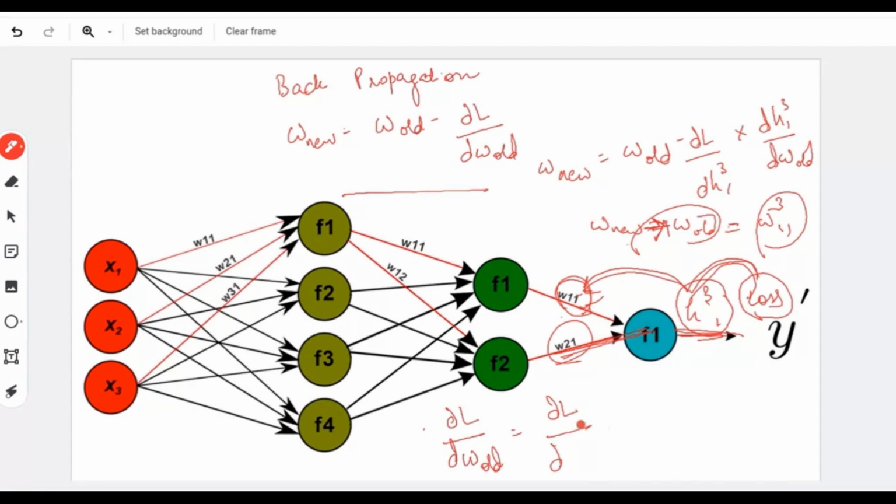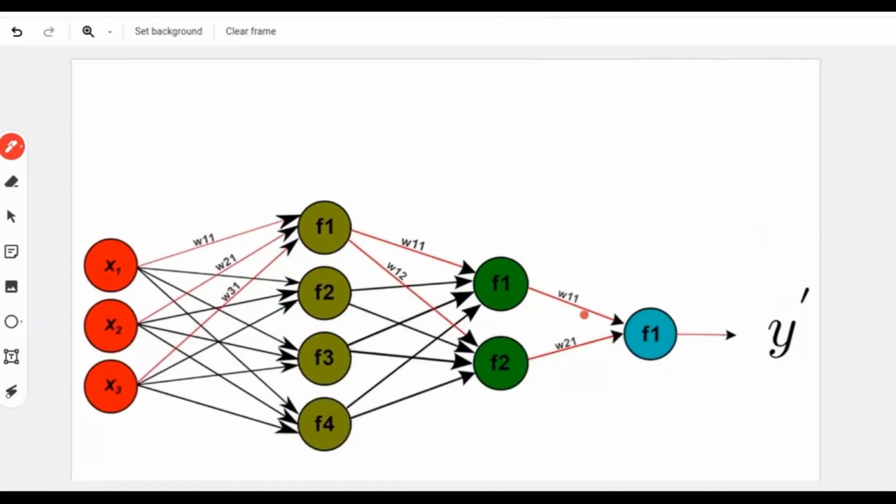So differentiation of loss with respect to the output and differentiation of this output with respect to the weights here. This weight is basically 2, 1 and this is going into the third layer. So here also you can write 2, 1 going into the third layer. Because this becomes very clumsy, I'm just going to keep it W old and W old and W new, and I'll just point out which weight we are calculating so it becomes easier.